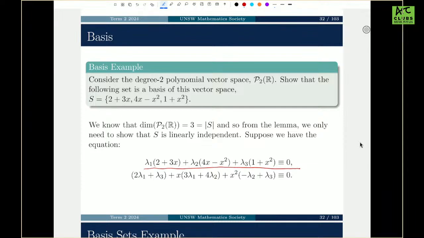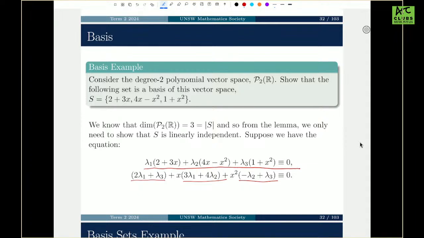After rearranging, we get this second thing. And remember, this needs to be essentially 0 for all values of x. If we set x to be 0, we'll get that 2 lambda 1 plus lambda 3 has to equal 0. Really, for a polynomial to be 0, all of its coefficients must be 0. So this needs to be 0, this needs to be 0, and this needs to be 0.